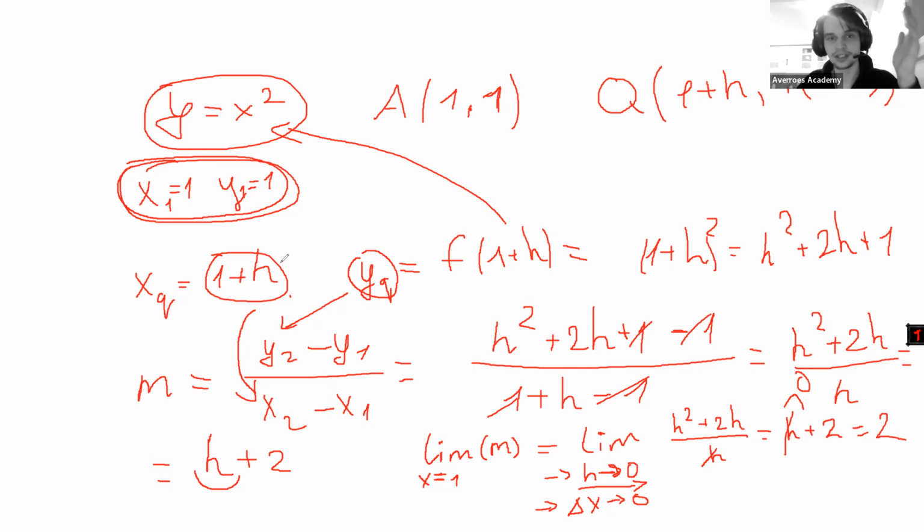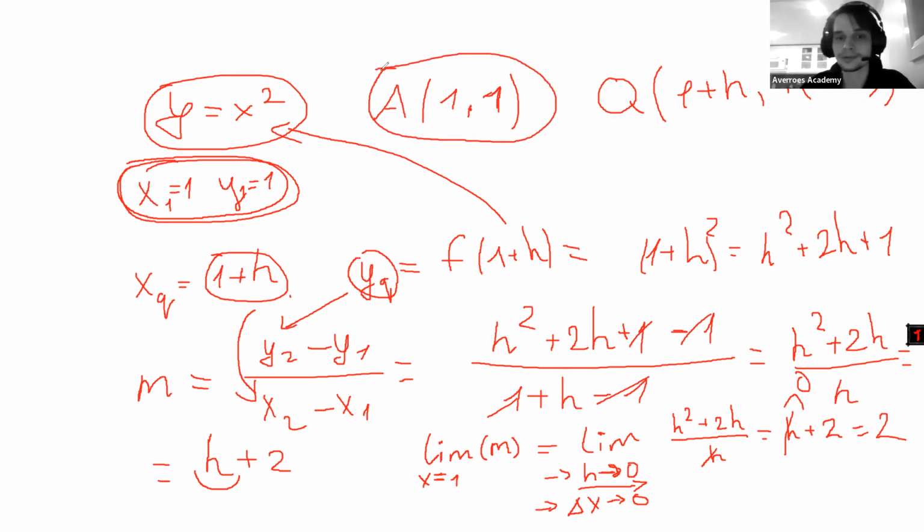Yusuf, can you explain what I did here to find the slope of a tangent line of a parabola at this point? Can you briefly tell me how you would do it now, step by step? To find the instantaneous rate of change, I would use the rise over run formula, which is m equals y2 minus y1 over x2 minus x1.